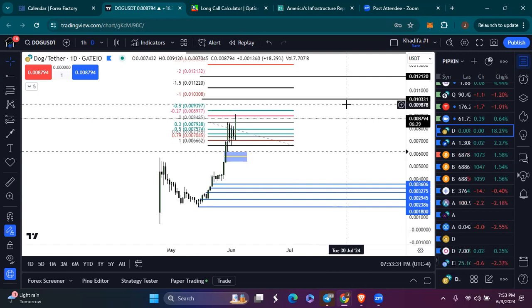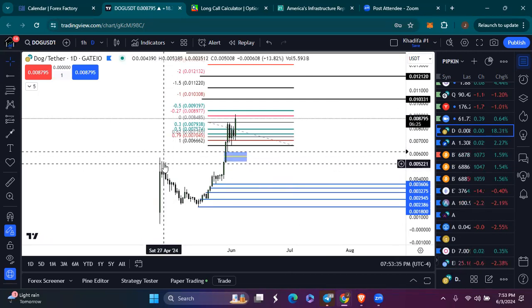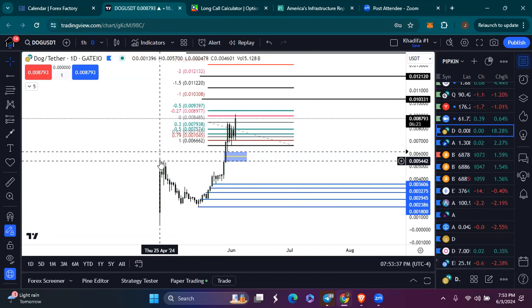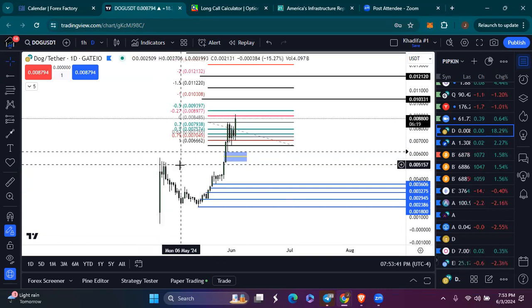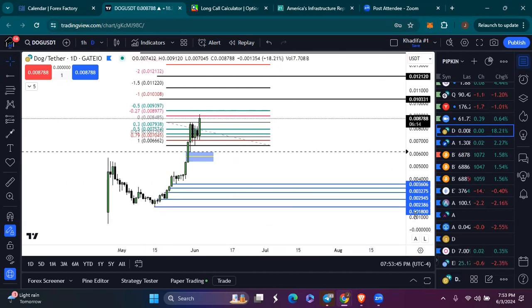So I've been telling you guys about this coin ever since it went on the market back in April, right? April the 25th. And you had opportunities to buy in at 0.0018, 0.0023, 0.0029. You had all these opportunities to buy in.